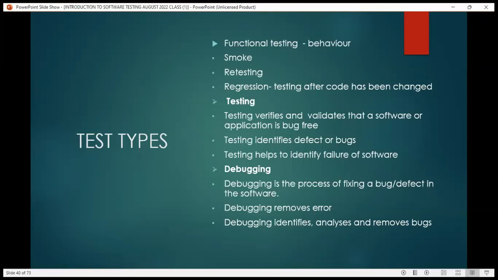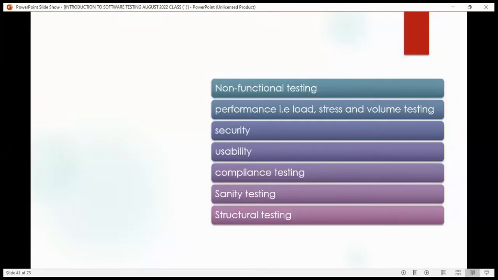The only thing he needs to do is go to that place, change it in his local, let everything sync and do the proper deployment. So you can also debug. Debugging identifies, analyzes and removes bugs.